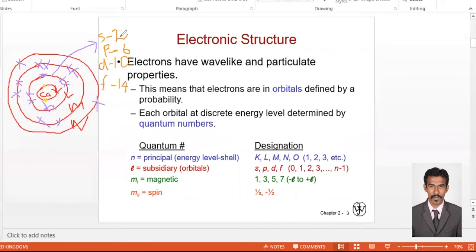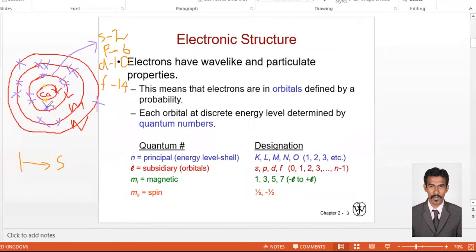So this is the maximum. Each main orbit is divided into subsidiary orbitals, but in the first orbit there will be only s.